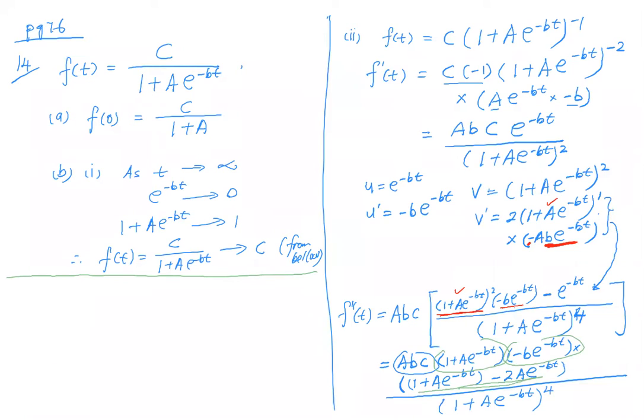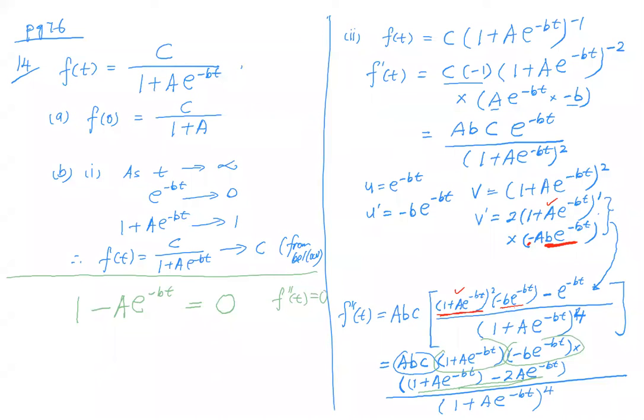So I will write down, because I want to find the inflection point, this is a e to the power negative bt minus 2a e. So I'm left with 1 minus a e to the power of negative bt equal to 0. So this is to solve for f double prime t equal to 0.